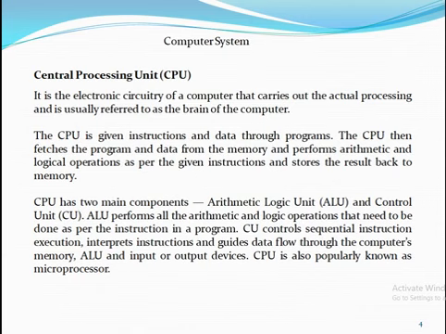Other than the registers, the CPU has two main components: ALU, arithmetic and logical unit, and control unit. ALU performs all the arithmetic and logical operations that need to be done as per the instructions in a program.